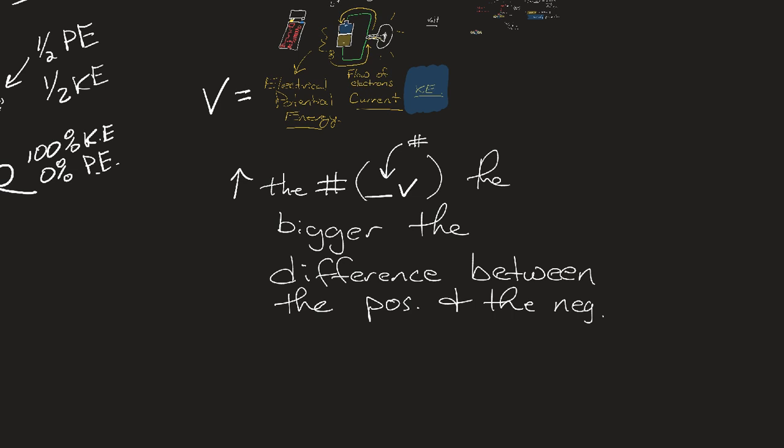Okay? So if you have a 9-volt battery, that's a unit of measuring telling you there's 9 units difference from the positive and the negative.